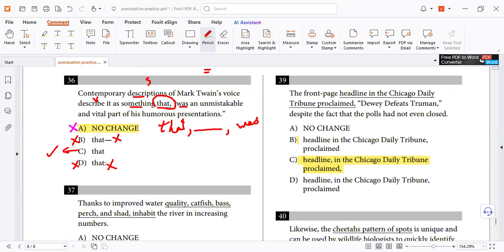39. Number 39, you made it wrong. Read again.